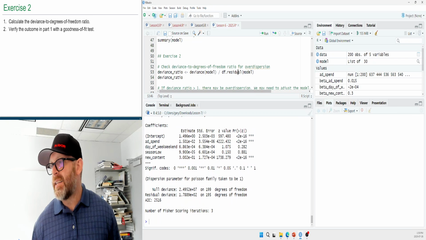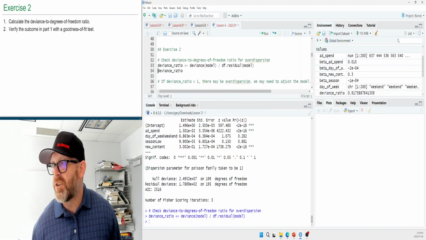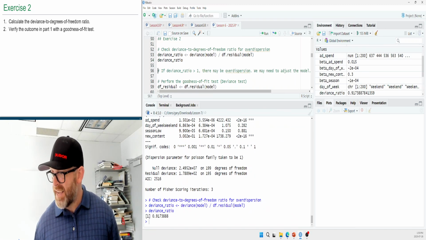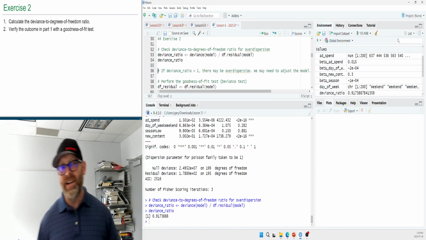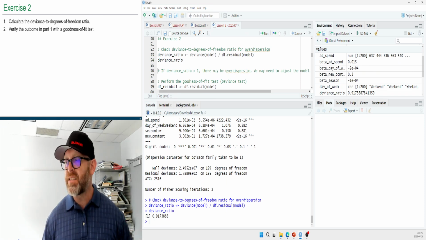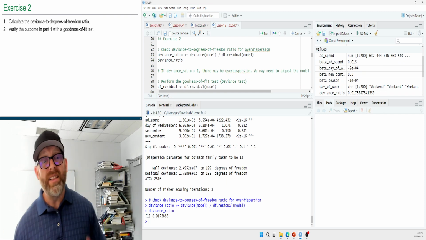Now I'm taking the ratio of these two things, saving it to deviance ratio, and spitting that out to the console, and it's 0.9173888. Very close to 1, not perfectly 1. So there is a level of discrepancy here, but since it's really close to 1, maybe I would assume that this is good. But let's run the hypothesis test.